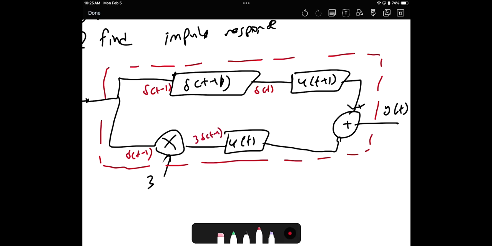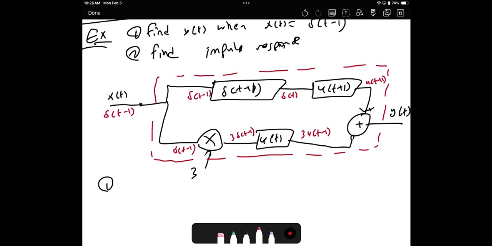Then we have integration, so it will be u of t plus 1 on the top, and on the other side 3 u of t minus 1. Then there's a sum.